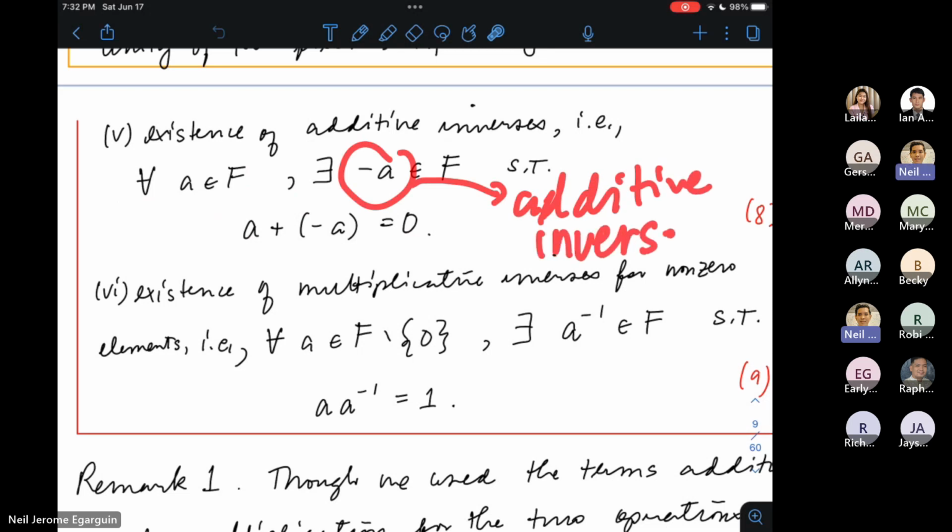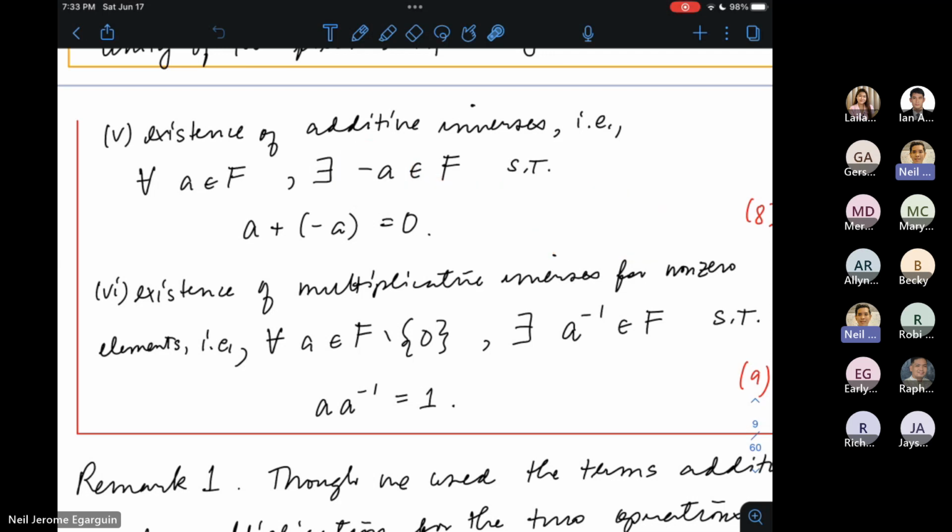Because what the additive inverse does is it brings back the number to the 0 or to the additive identity, right? So yung additive inverse, siya yung kailangan mong i-add doon sa element ng set para makuha yung additive identity. Remember, pinangalanan na natin o symbolize natin yung additive identity to be the 0.